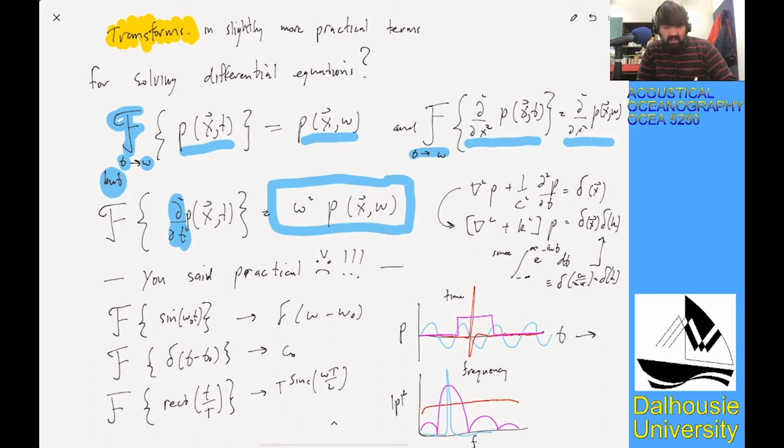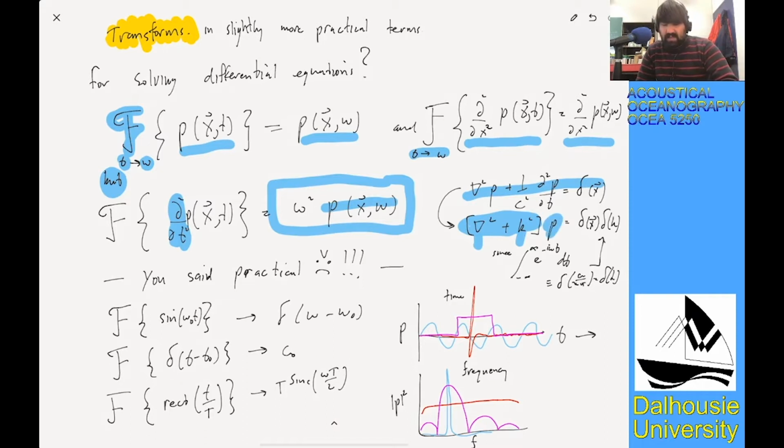So super, super simple. And of course, if you consider the whole wave equation, here's your wave equation. You apply the Fourier transform, and you just end up with this Helmholtz equation. Your spatial derivative's untouched. Your time derivative just becomes a k squared, omega squared over c squared. And here's your p now in the frequency domain.